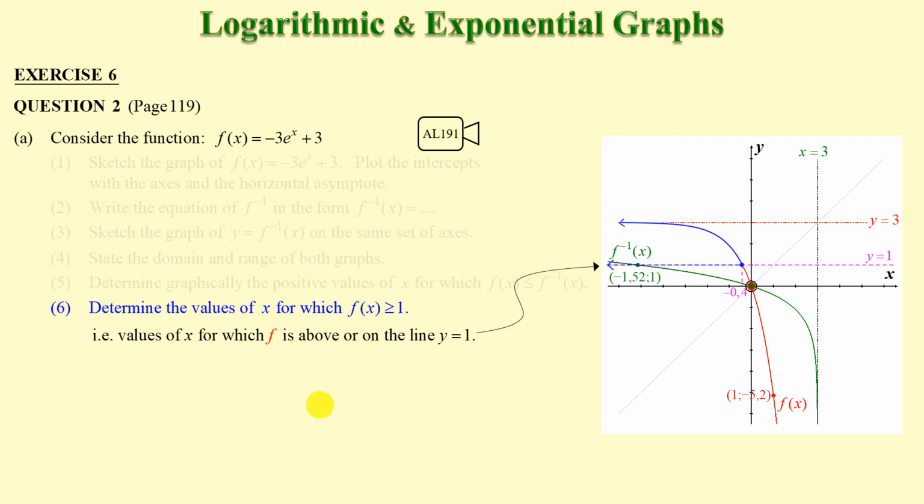Otherwise, you're going to have to solve for f of x, that is negative 3 e to the x plus 3, equaling 1. If you haven't managed this one on your own totally, it might be worth leaving it a day and then going through and trying this question again.